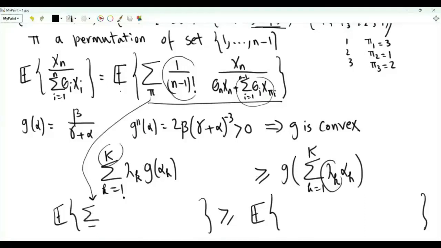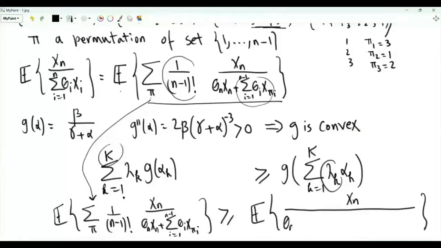This sum is here. On the right-hand side, we apply function g to the convex combination. Beta of function g is xn, gamma is θn xn. Now we have a convex combination of the arguments. That's 1 over n minus 1 factorial, summation over π, the permutations, summation i from 1 to n minus 1, θi x π(i).